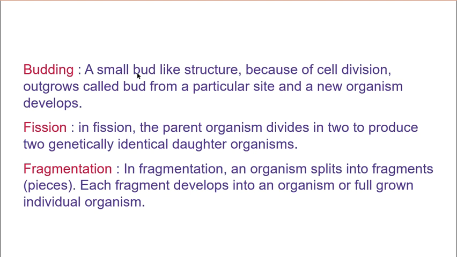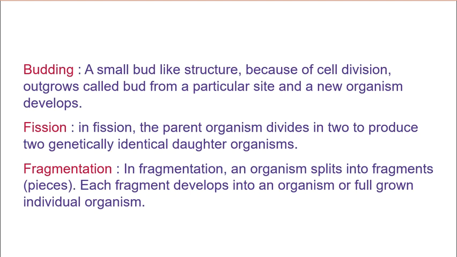A small bud-like structure means, suppose the plant body is there, from any part of the plant there will be a small outgrowth. That outgrowth will be dividing itself, cell division will be occurring in that outgrowth, and because of the cell division this outgrowth will grow and finally take the shape of a bud, and when the development is completed, the bud will be detached from the plant body and make a new plant.